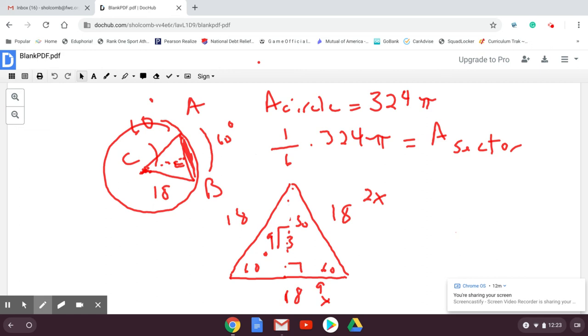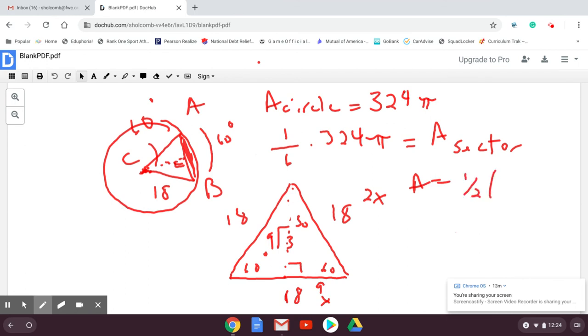So my area of my triangle, well, that's supposed to be a triangle. I didn't end up doing a very good job. Let me just erase it. This will just be the area of a triangle, which is equal to 1/2 my base.